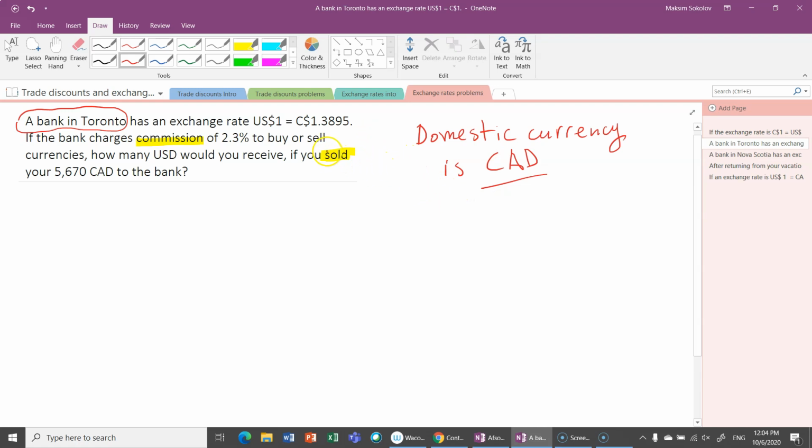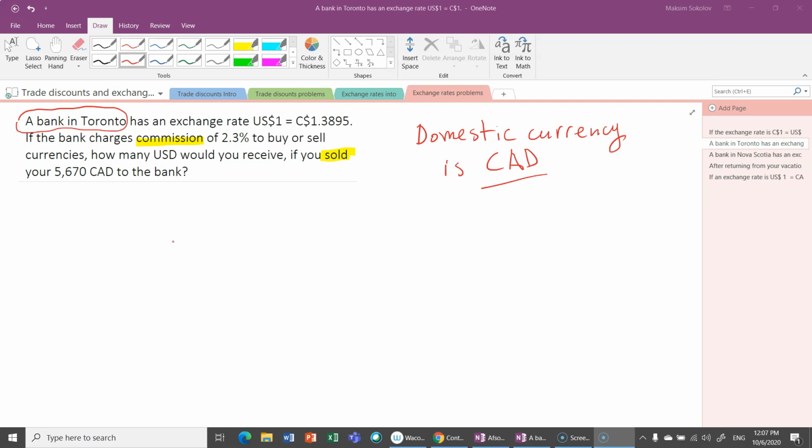Now, in our common language, we can call this transaction that you sell 5,670 Canadian dollars to the bank. But in reality, you need to always analyze problems like this from the position of the bank. And from the position of the bank, you will see that actually the bank could not buy 5,670 Canadian dollars from you because the bank cannot buy their own currency.